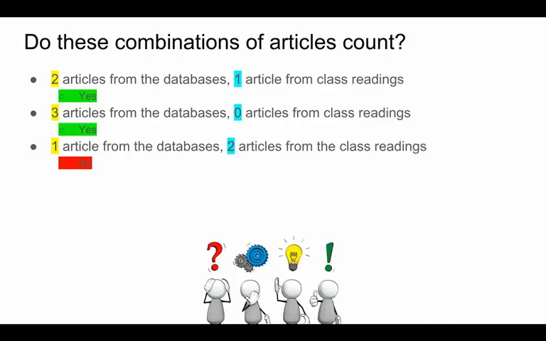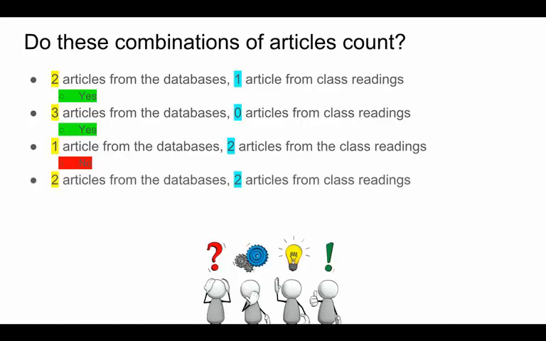So you have to keep that in mind, that you have to have at least those 2 articles from the databases, because we want you to get that practice with being able to use the databases, with being able to find articles that are useful to you.